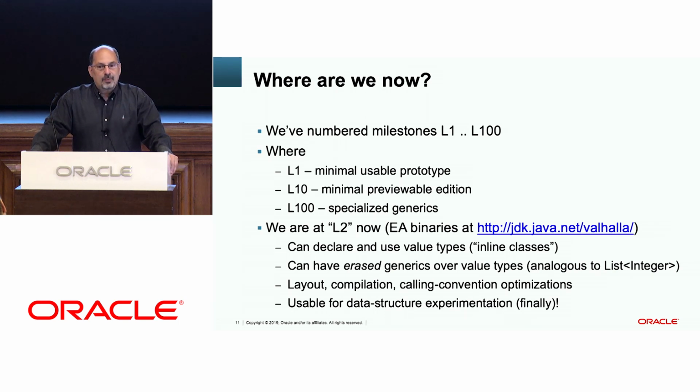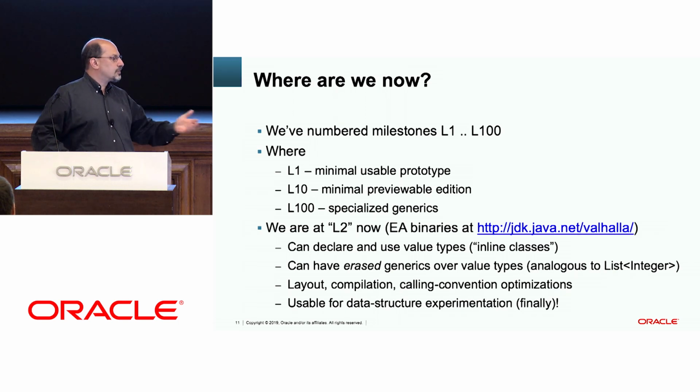And we have optimizations implemented for object layout, for compilation, for calling convention, so that when you pass a value from one method to another, it gets scalarized and the fields get passed in registers rather than passing a pointer around. And so we're finally at the point where someone like Gotti, this morning, was talking about their hash array mapped trie implementation. You could actually start trying to implement that with value types and see how it would work.